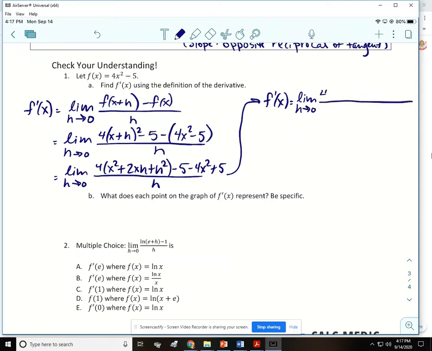Alright, so I need to distribute the 4. Alright, and then I already have negative 5 plus 5. I know that's going to be 0. So I'm going to subtract the 4x squared. Alright, and then 4x squared minus 4x squared subtracts to 0.